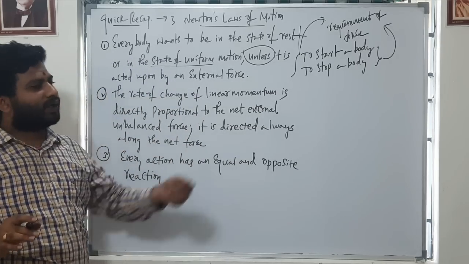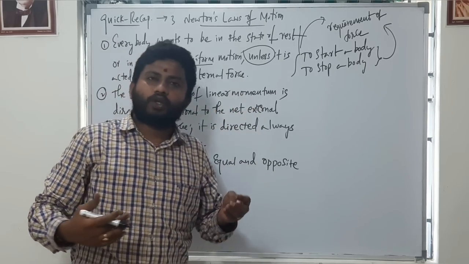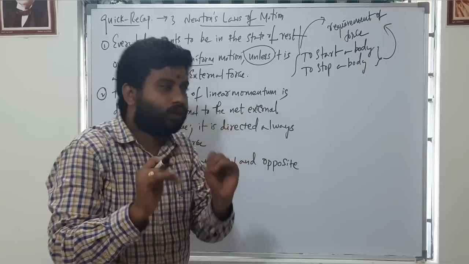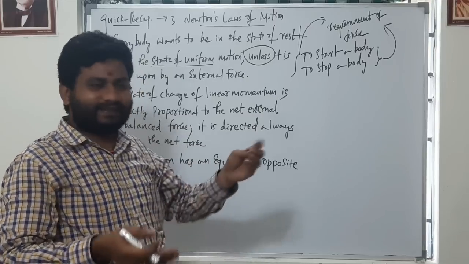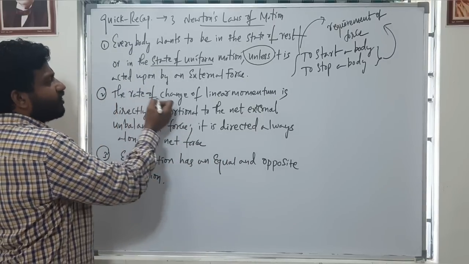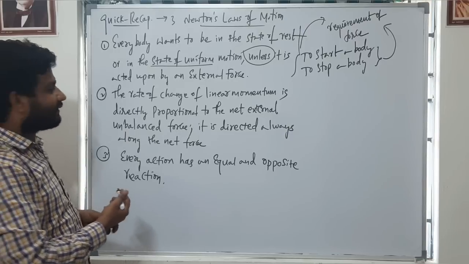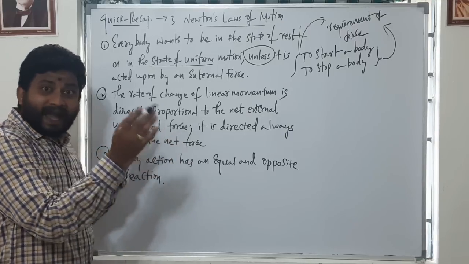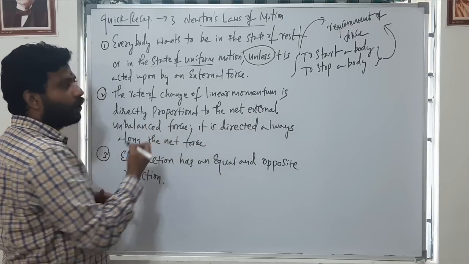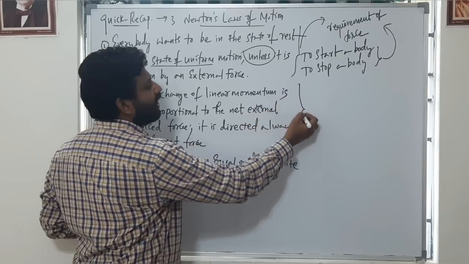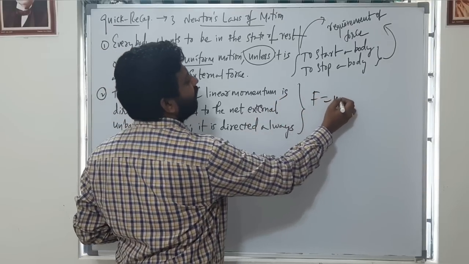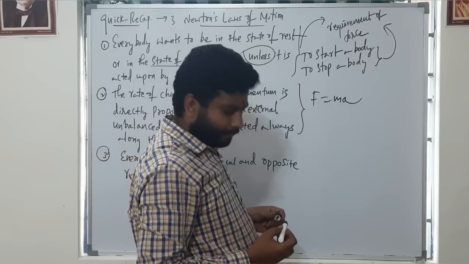Football is moving towards you. To stop it, you need to apply a force. Yes or no? So that is the first thing. And the second thing: the rate of change of linear momentum is directly proportional to the net external unbalanced force, and it is directed always along the net force. And the second law, simply I can write F = ma.